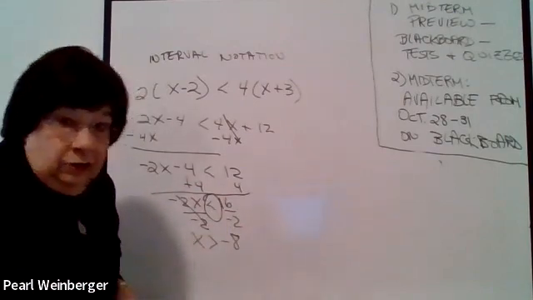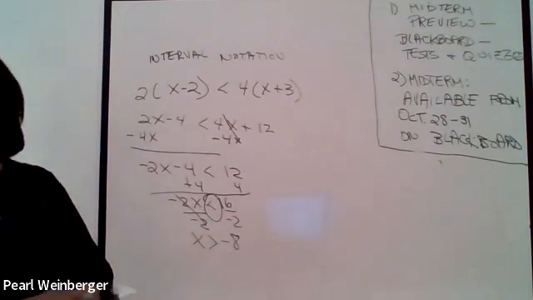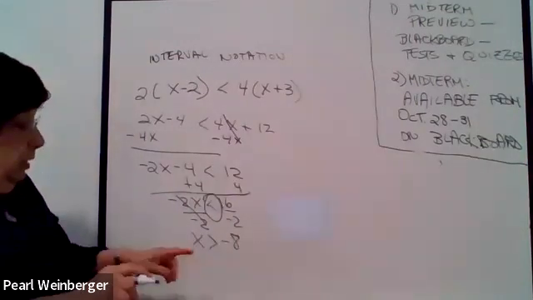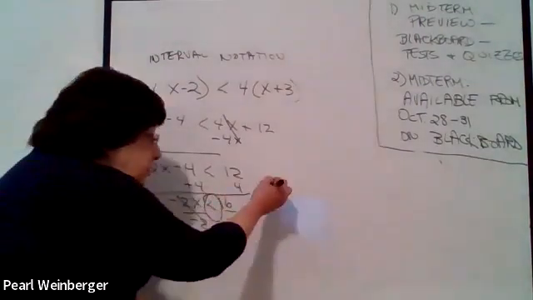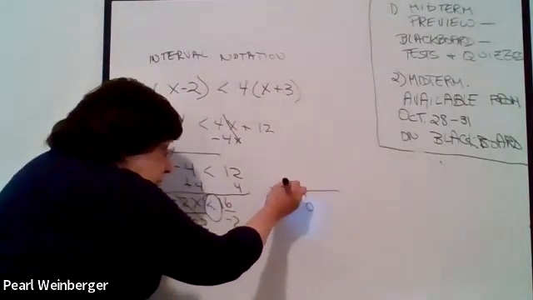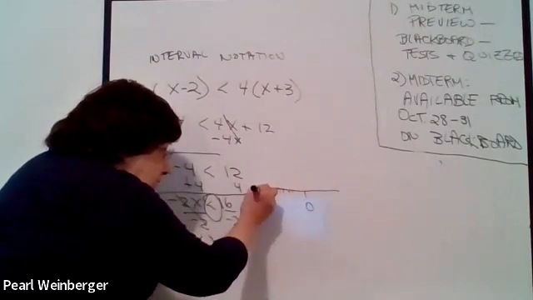as our answer in inequality form. This on the number line would look like this. Here's the 0. See, this is negative 8.